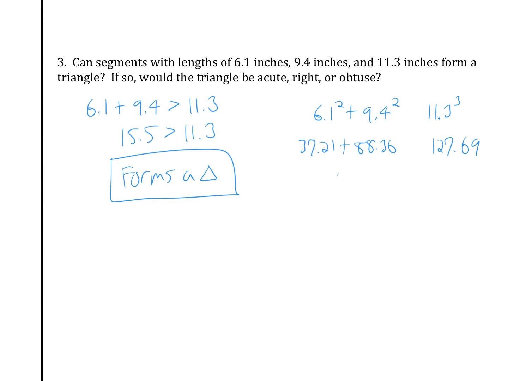Add these together, we get 125.57. And over here we get 127.69. Which one's bigger, the left or the right? C is bigger, so is it going to be obtuse or acute or right? It's going to be obtuse. So if C is larger, it's a larger side, right? It's going to make a bigger angle on the opposite side. That equals an obtuse triangle.